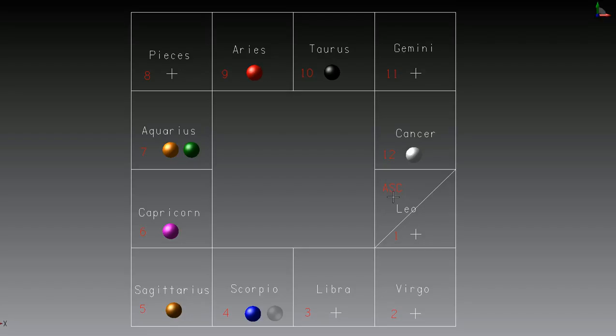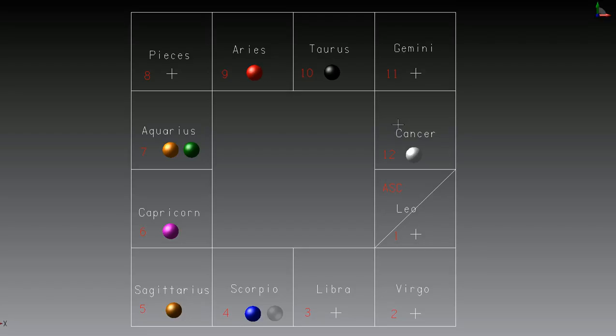Now suppose Leo is the ascendant. In that case the first house would be the same house where the ascendant is placed. Second would be Virgo, third Libra, fourth Scorpio, fifth Sagittarius, sixth Capricorn, seventh Aquarius, 8th Pisces, 9 Aries, 10 Taurus, 11 Gemini and 12 Cancer.